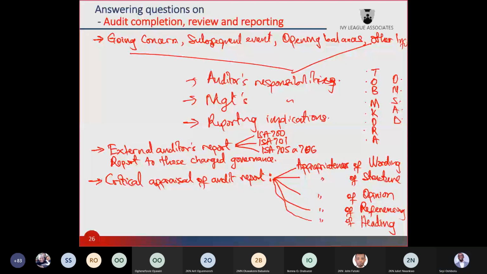That's one example. Another example is your basis of opinion paragraph. The basis of opinion paragraph is titled to reflect the type of modified opinion where you are giving a modified opinion. So something like basis for qualified opinion, basis for an adverse opinion, blah, blah, blah.